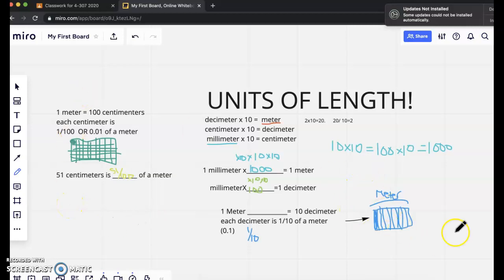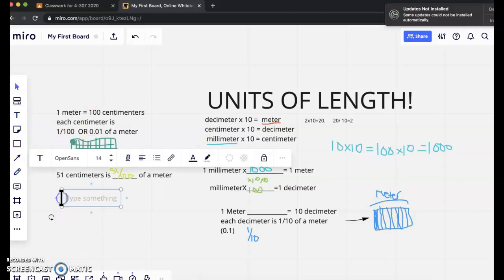Well, what about if you use just decimeters? 8 decimeters would be, well, we know a decimeter means over 10, so 8 over 10. Centimeters just means over 100, so 51 over 100.